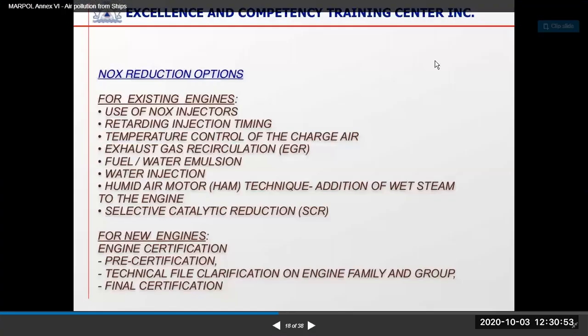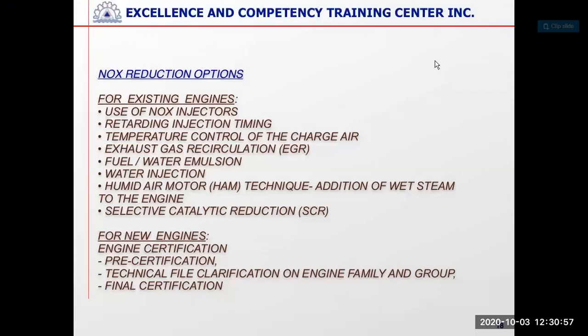So we already saw what are the various things which are affecting our NOx emission, and mostly the same things we have to control to control our NOx emissions.